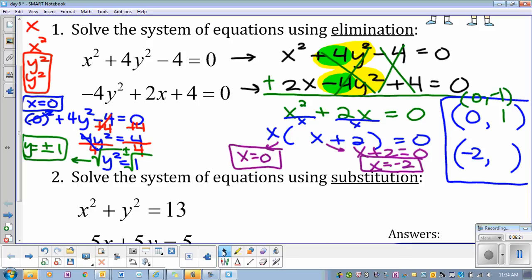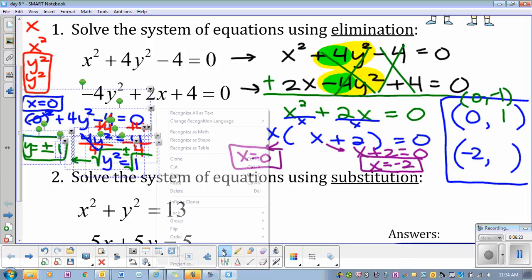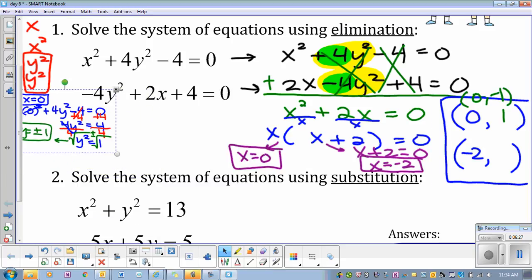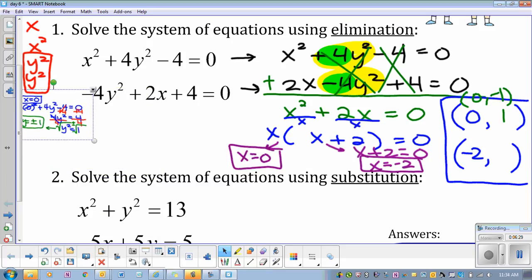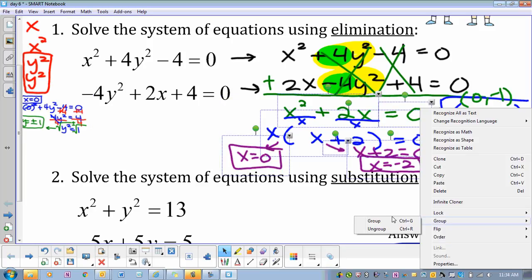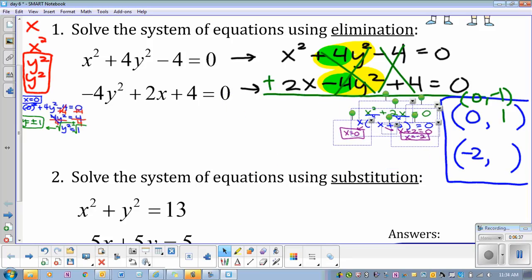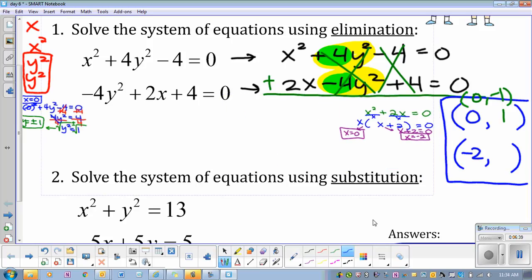So I'm going to just shrink this down a little bit. Okay. All right, so when x equals negative 2, okay, should we plug it back into the first one again?